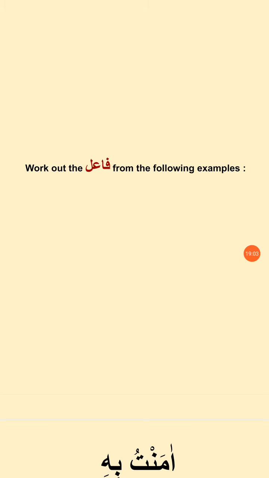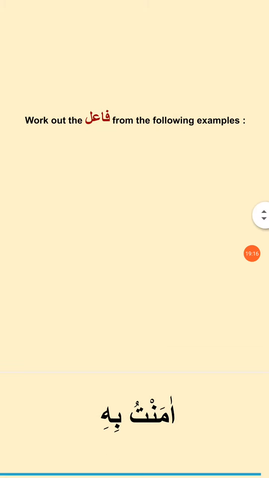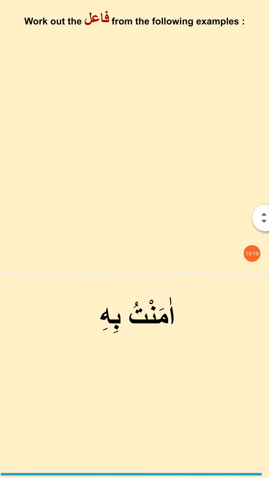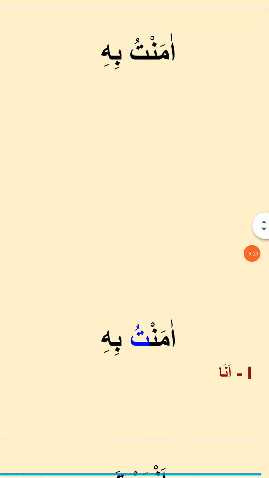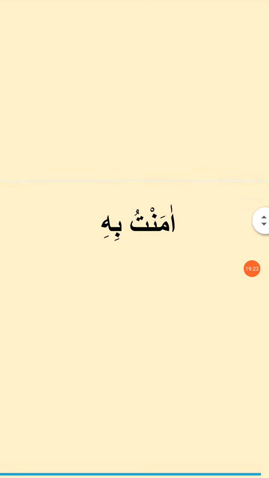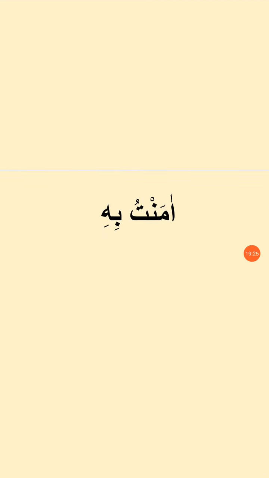That is for stress purposes. I also told you that whenever a fa'il is unexposed, it is actually a pronoun. So now we are going to work out the doer pronouns from these examples.